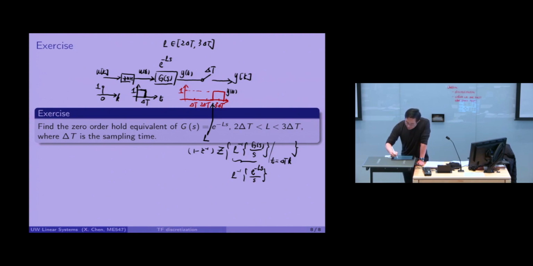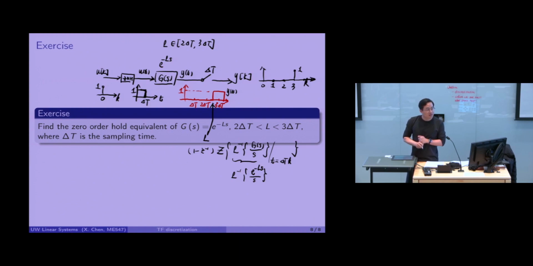So therefore y[k] is nothing but 0, 0, and then 1 here, and then all the way in the future it is always 0. So that is how y[k] looks.